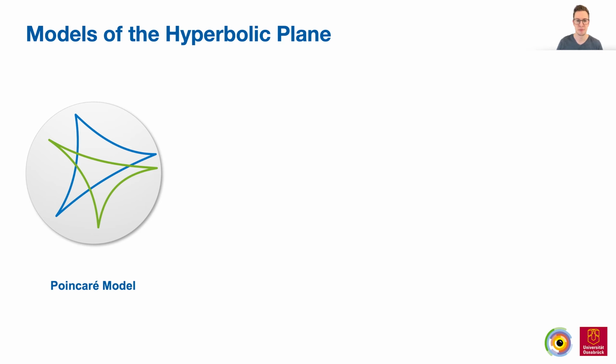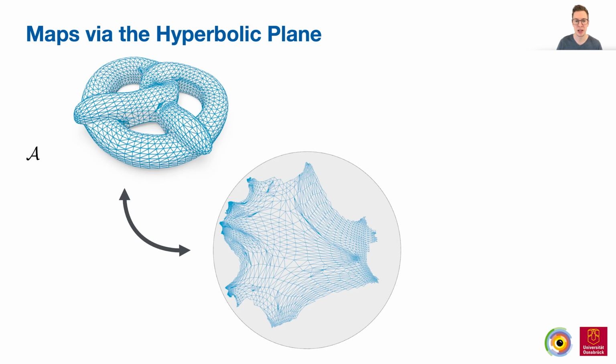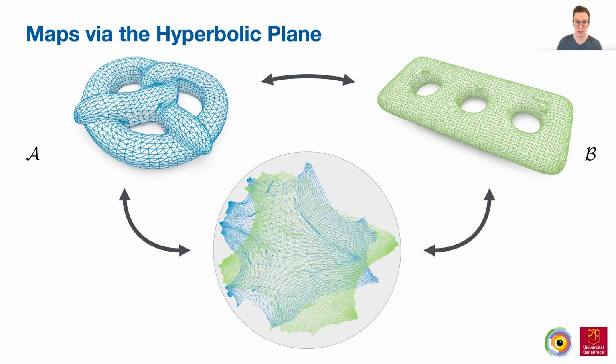Now, very much like for the flat plane earlier, there always is a map from our higher genus object to a tiling of the hyperbolic plane without singularities. Here we show just a single tile in the Poincaré model, and again, using 2 such maps into the hyperbolic plane, we can define a homeomorphism between 2 higher genus surfaces.